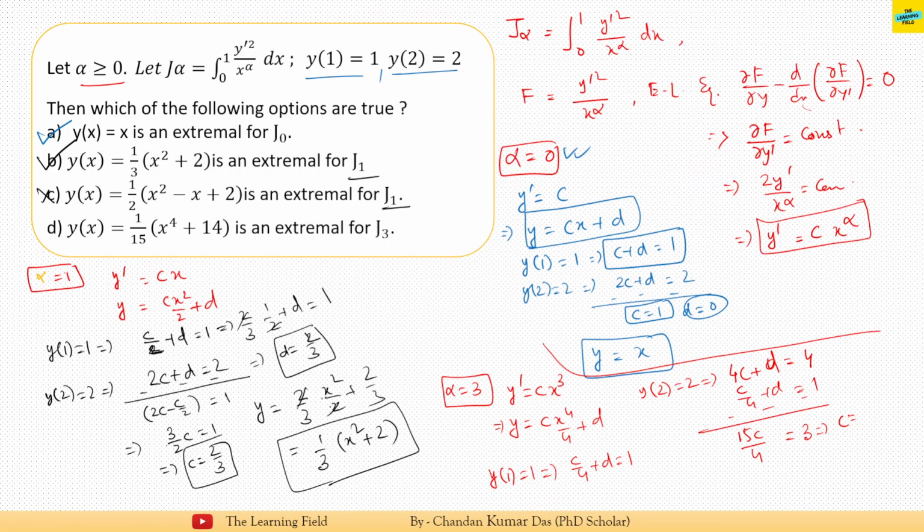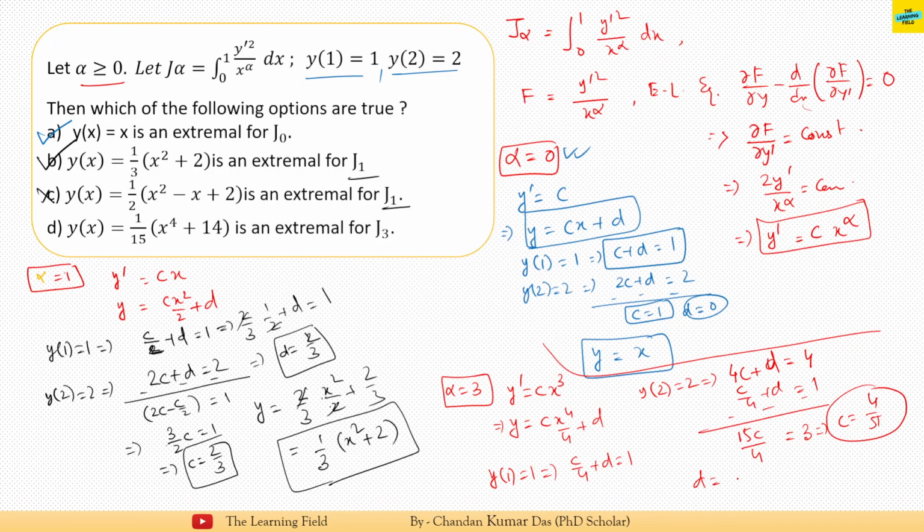So this implies c equal to 12 upon 15, or we can also write this as 4 by 5.